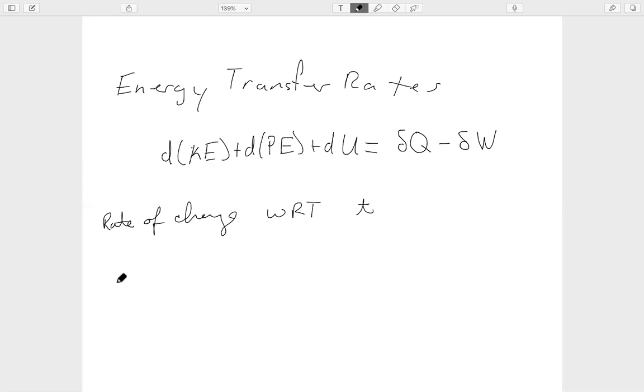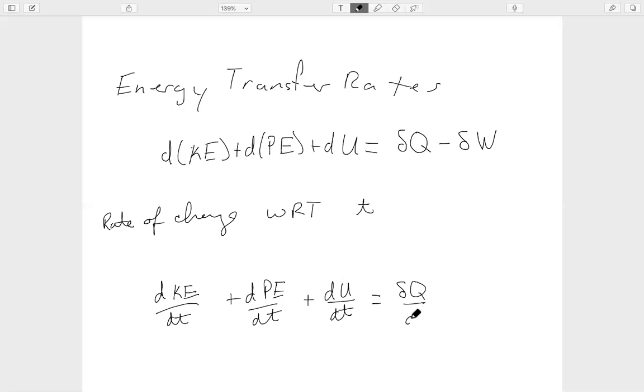And so this equation is going to become dKE/dt plus d potential energy/dt plus dU/dt, the rate of change that the internal energy changes, and that must equal. So I could write it like this. In fact, I write it that way a lot.